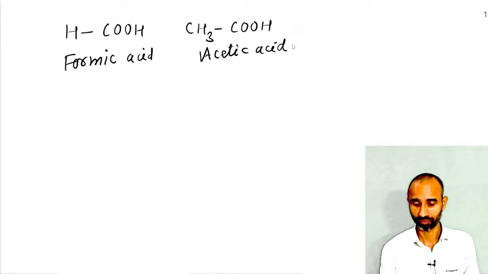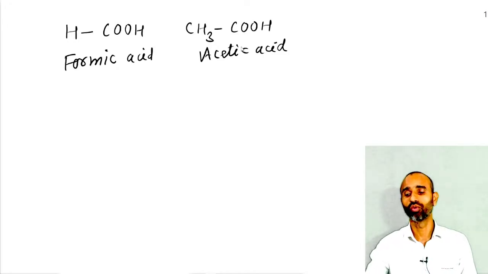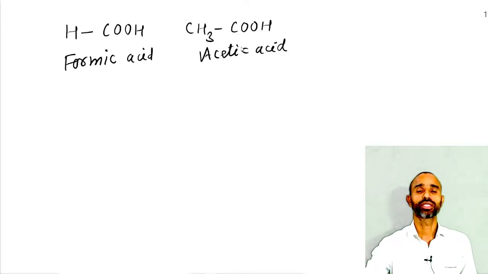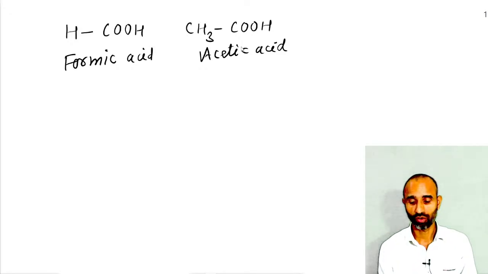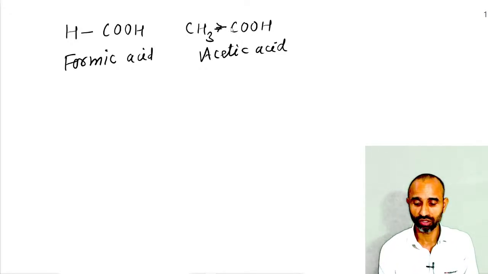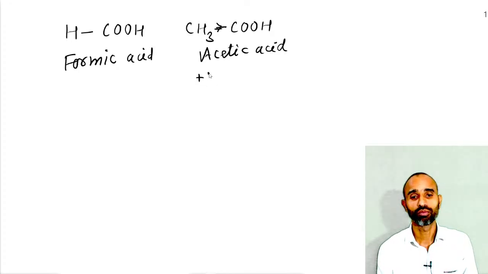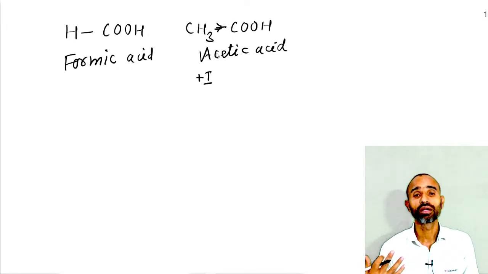So out of these two, what is the order of acidic strength? Which one is more acidic? Formic acid. Now methyl group has plus I effect, therefore it decreases its acidic strength because it decreases the stability of the carboxylate ion formed.